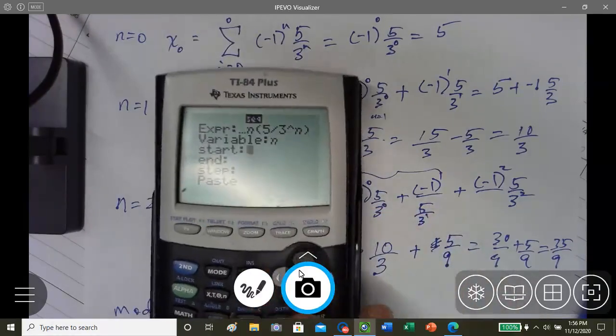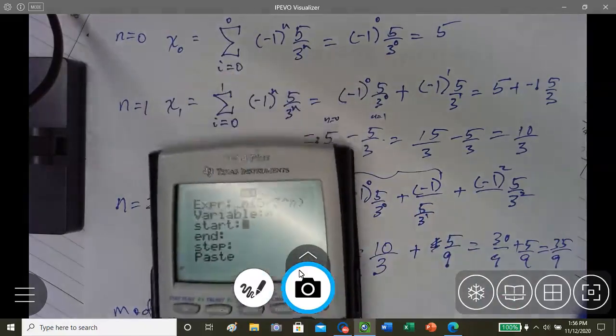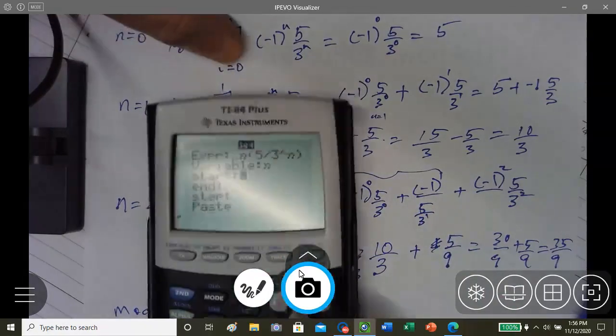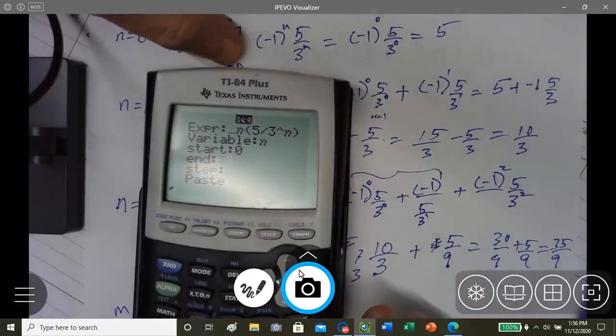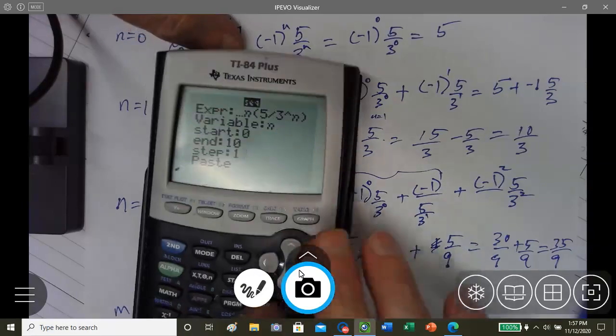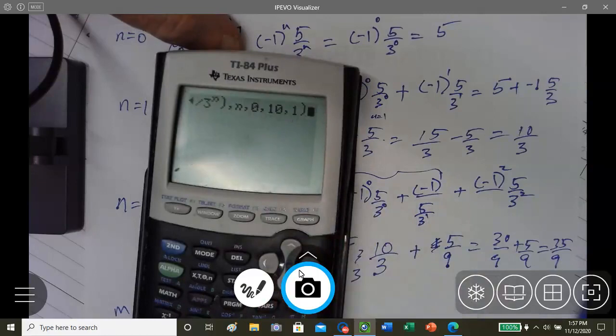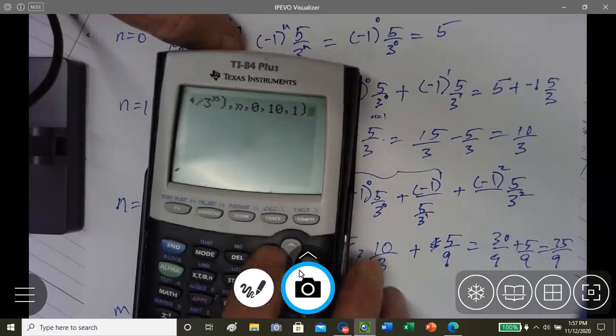We're starting at 0, so we'll put 0 in here, and we're going to go to, let's try 10. Step is 1, because we're checking out the original sequence. We go to paste. Okay, and this is what it should look like.